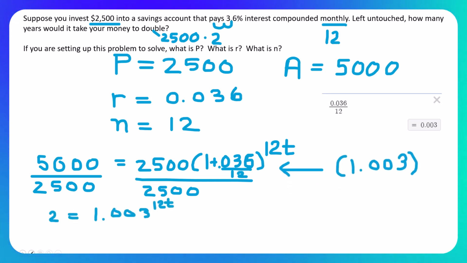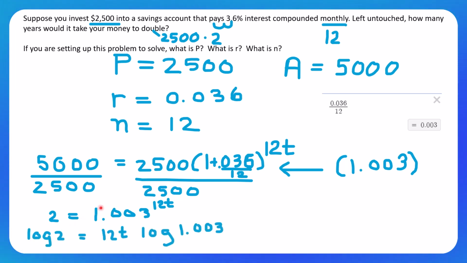All right, if I look at the left-hand side, 5,000 divided by $2,500 is 2. Bring down the equal. The 2,500 divided by 2,500 is 1, so that's going to cancel. And then we're left with 1.003 to the 12t.